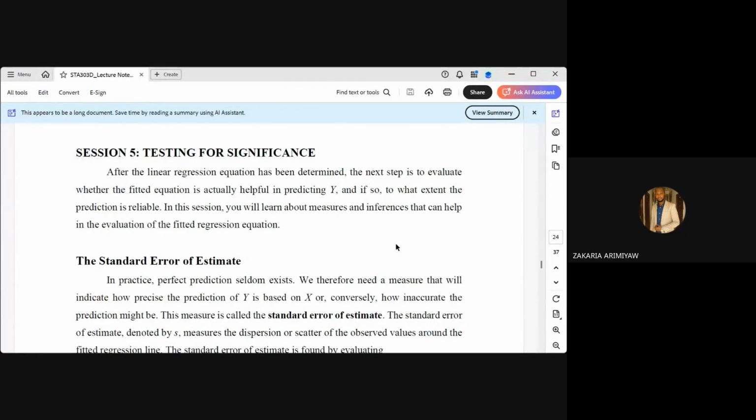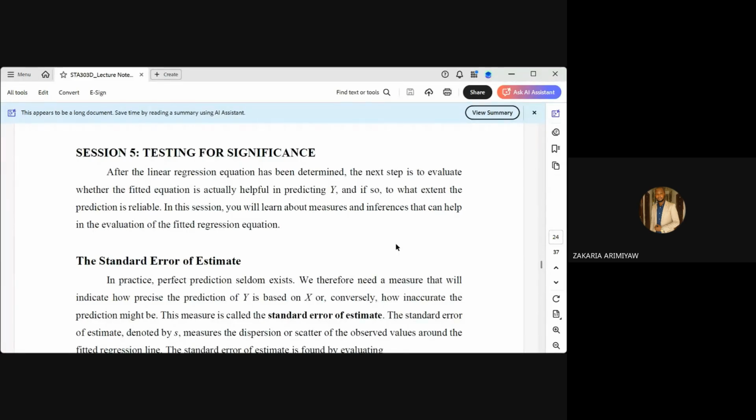In order to determine whether the x variable is useful for determining the values of y or not, we have to conduct what we call the test for significance. In other words, we are testing to see whether the predictor variable is important in predicting the values of the y variable. So that is the essence of this particular session.